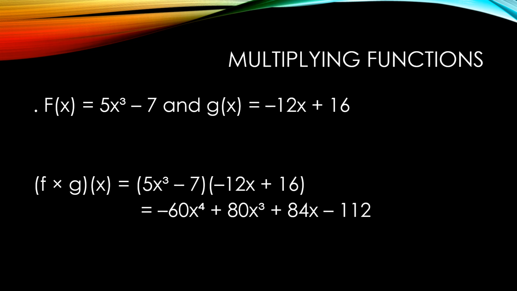So minus 7 times minus 12x will give us 84x. Minus 7 times 16 will give us minus 112. This expression, minus 60x power 4 plus 80x power 3 plus 84x minus 112, represents the expression for the function f times g of x.